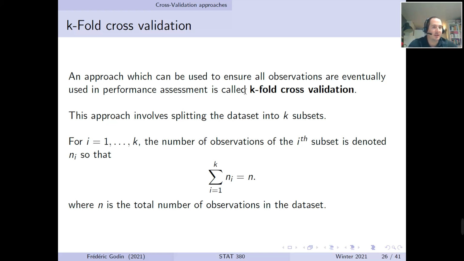Now to differentiate what we're doing in k-fold cross-validation, we're going to use lowercase k instead of capital K. The k-fold cross-validation approach involves splitting our single data set into k subsets, and we denote n_i the number of observations within the subset i, where i goes from 1 to k. If you sum the n_i's, you get n, the total number of observations in the entire data set. And again, n_i is the number of observations in the subset i.